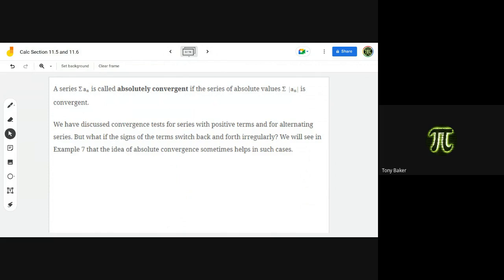No. So, for example, cosine of 1 would be positive, 2 is negative, then 3 and 4 positive. It jumps back and forth as long as we're looking at radians. So it's not alternating, and we couldn't use the alternating series test on that because it doesn't go back and forth. But if we look at the absolute value of it, if that works, then we're good.